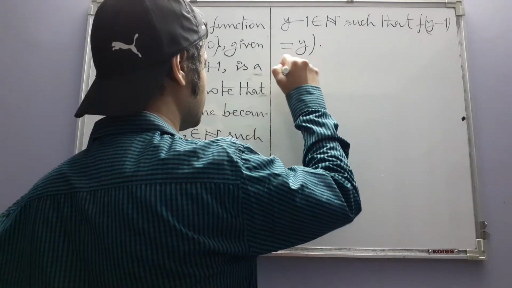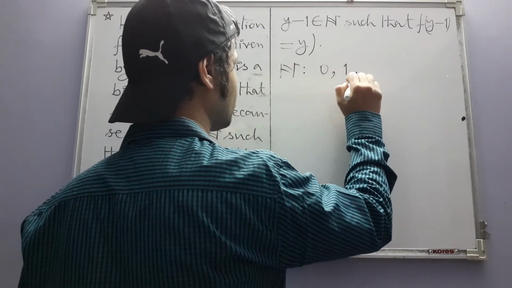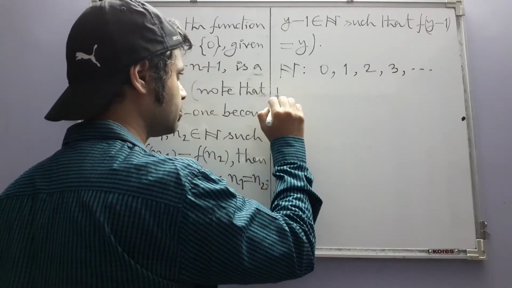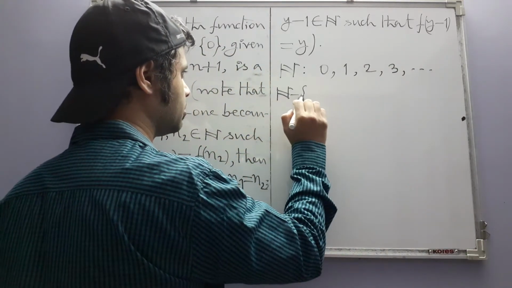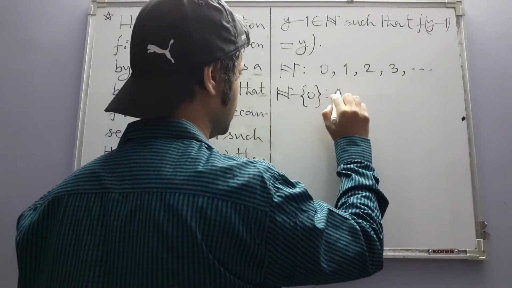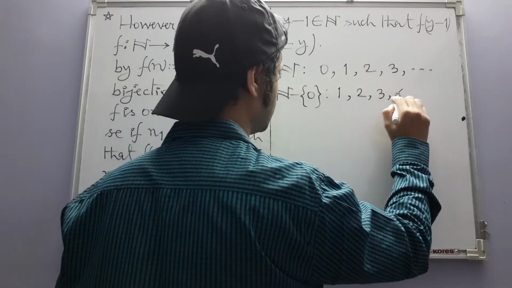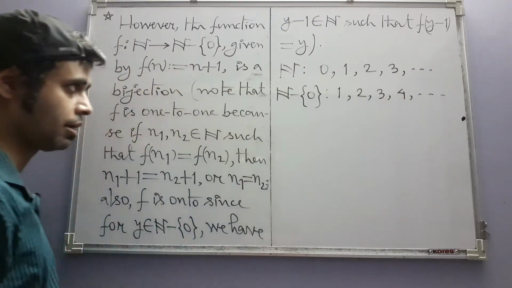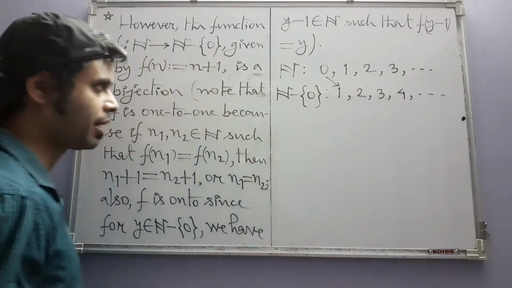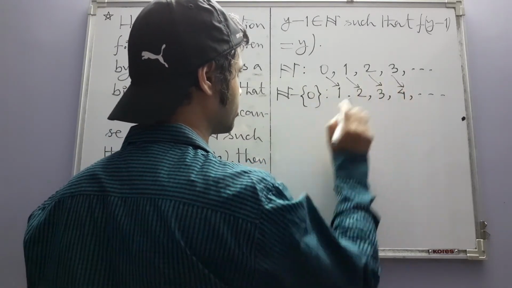The set n of course has these elements 0, 1, 2, 3, etc. goes like that, and n minus 0 has these elements 1, 2, 3, 4, etc. So according to our function, we map 0 onto 1, 1 onto 2, 2 onto 3, 3 onto 4, and so on.